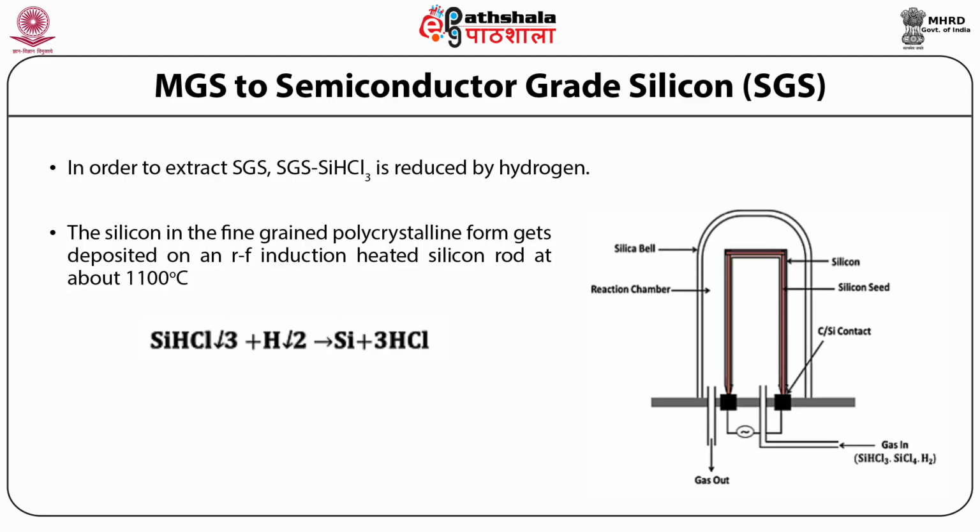Hence, the final product becomes expensive due to the very large amount of heat used. This ultra-pure polycrystalline silicon is finally to be converted into the single crystal form for its further use in the fabrication of solar cells.